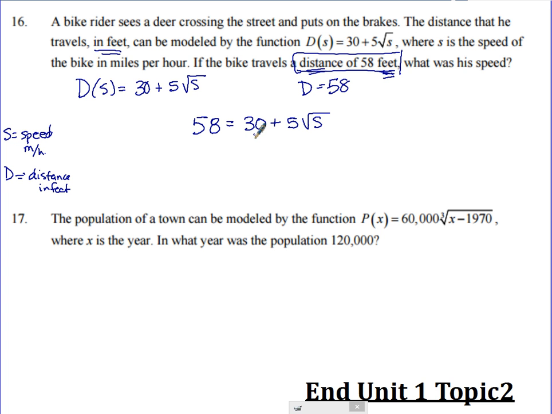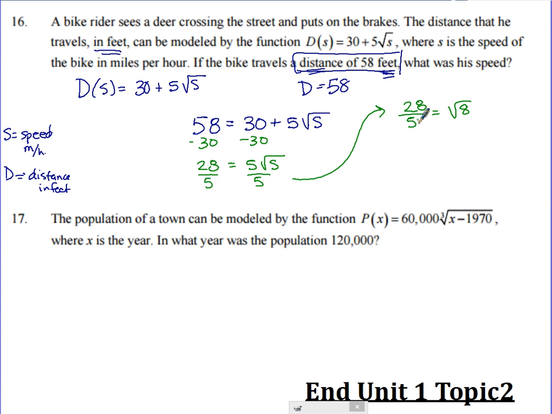The first step, we're going to subtract. I like to think about PEMDAS backwards, so we're going to subtract 30 first, and we have 28. Then we're going to divide by 5. So 28 over 5 equals the square root of s.